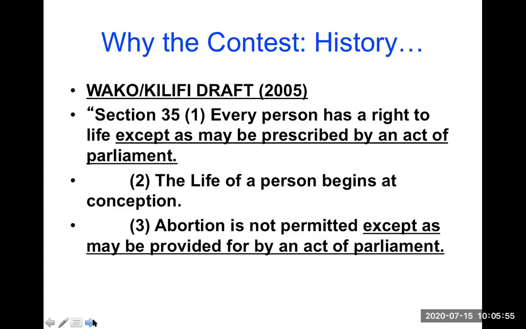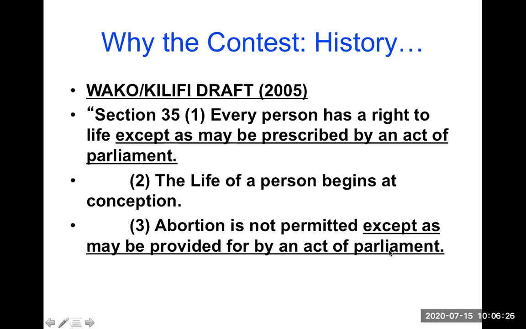It became Article 35, and they held that every person has a right to life except as may be prescribed by an act of parliament. They kept the provision, the life of a person begins at conception. And 3, abortion is not permitted except as may be provided by an act of parliament.